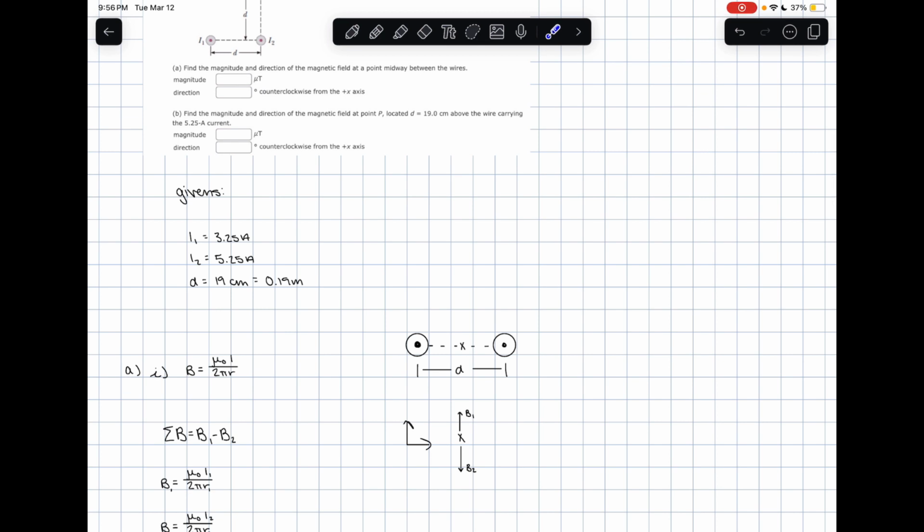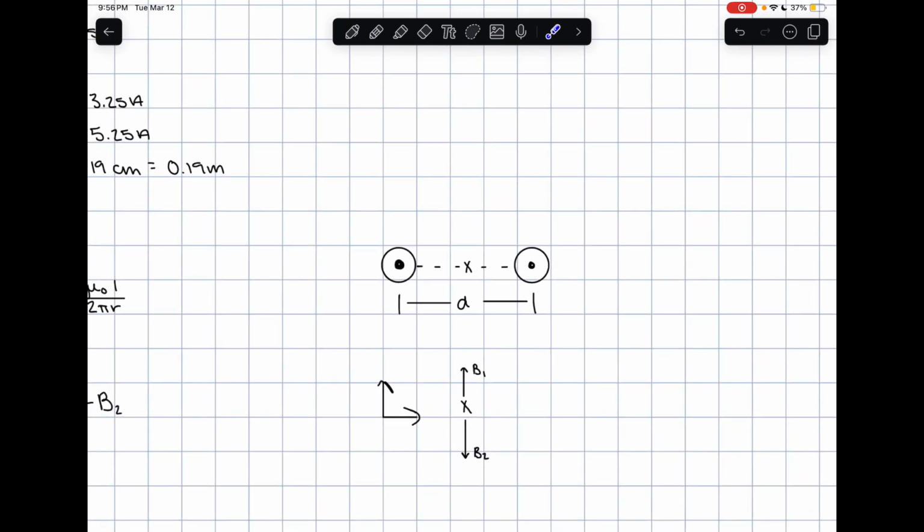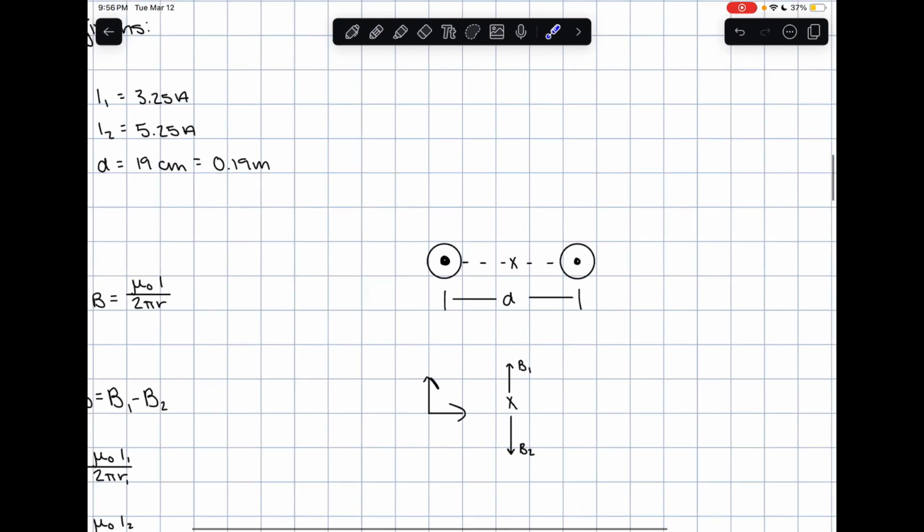And then for B2, we're going to do the same thing, and after we fully curl them, it's going to look like they're curled downwards. So B2's magnetic field is going to be downwards. So that is how I got our vector magnetic field diagram with B1 pointing upwards and B2 pointing downwards.